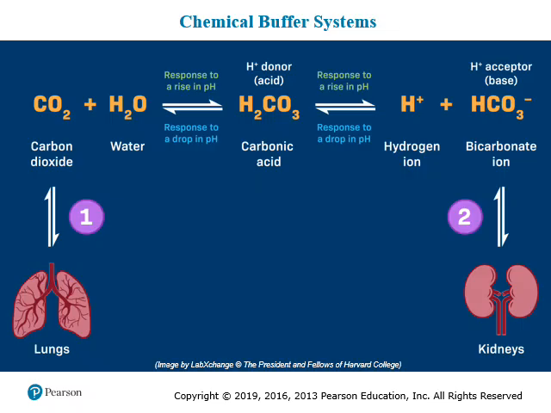So again, in the chemical buffer system, when there is a decrease in hydrogen ion, carbonic acid dissociates into hydrogen ions and bicarbonate ions.